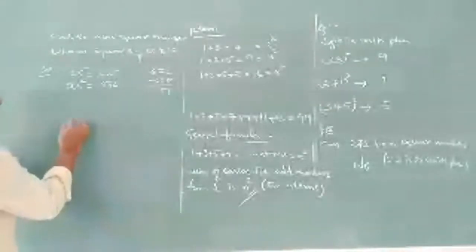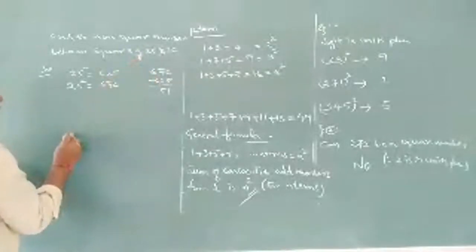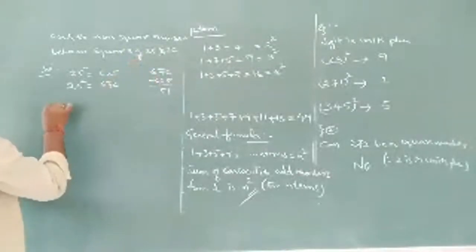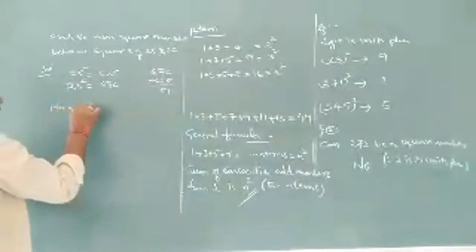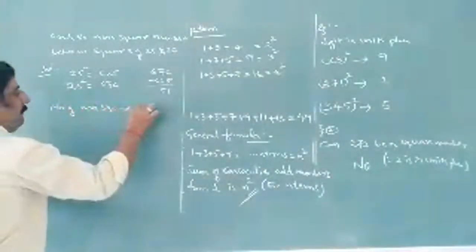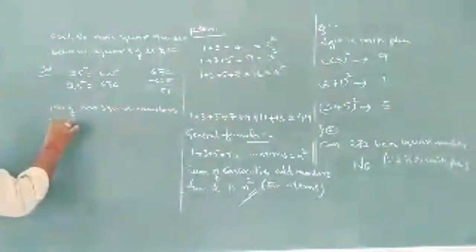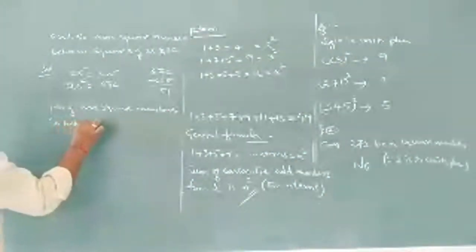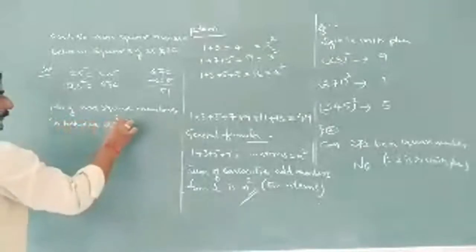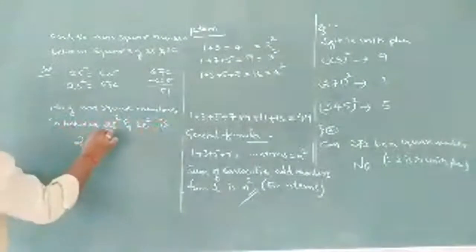Just by a simple formula we are taking, what is the first number given here? 25 is given. So the number of non-square numbers in between 25 square and 26 square: what is the first number, the base, given here?